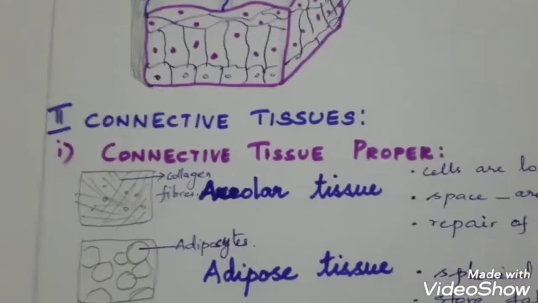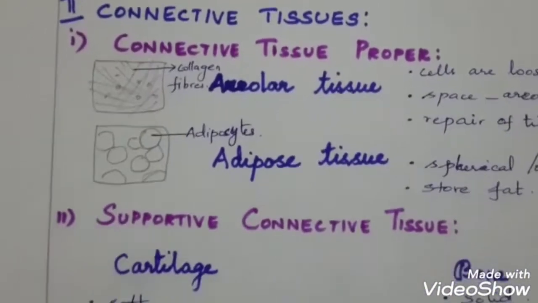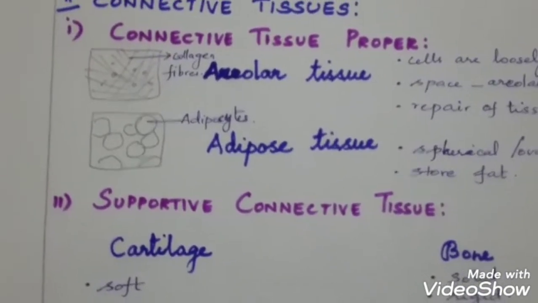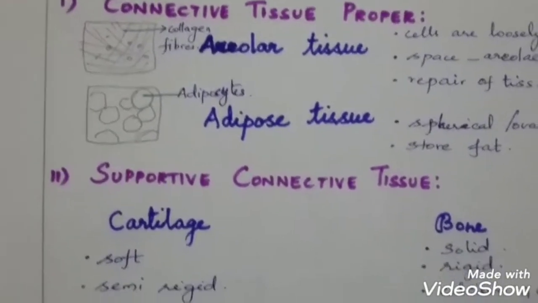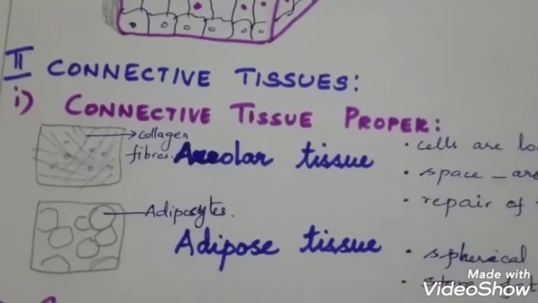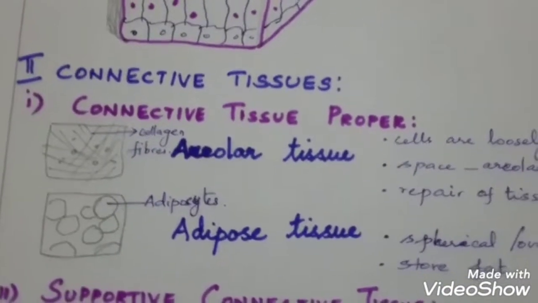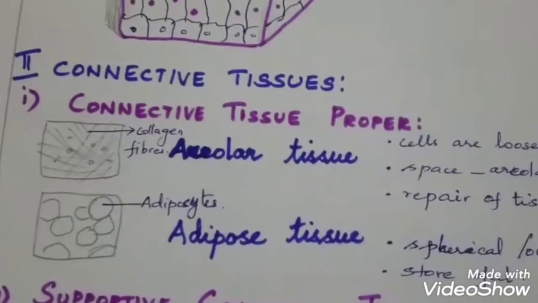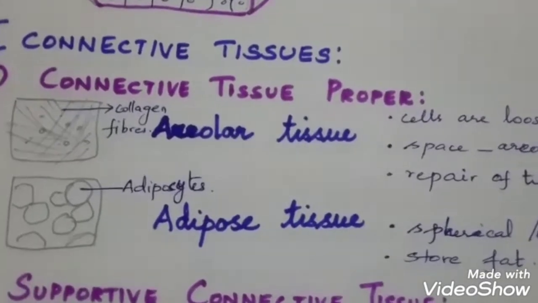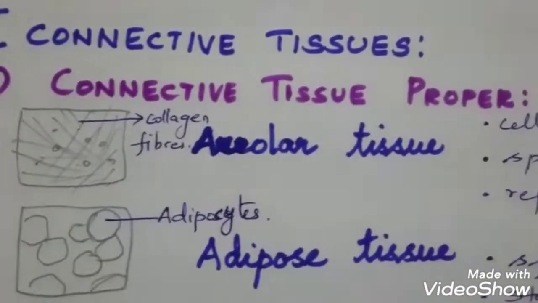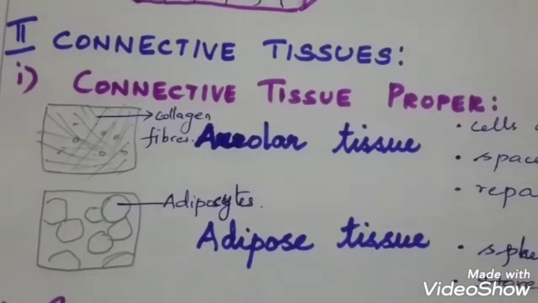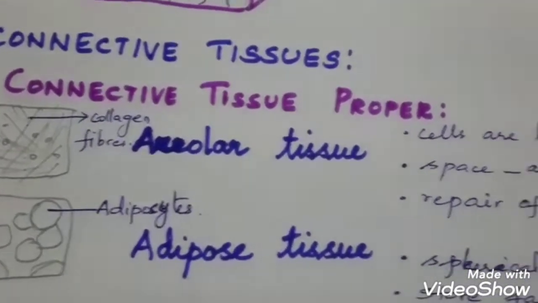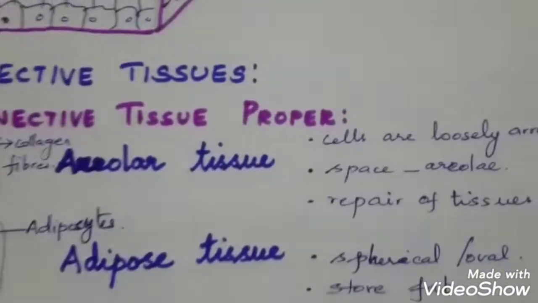There are four types: connective tissue proper, supportive connective tissue, dense connective tissue, and fluid connective tissue. Under connective tissue proper, there are two types of tissue: areolar tissue and adipose tissue. Areolar tissues are made up of collagen fibers, and in between the collagen fibers you can see air spaces.